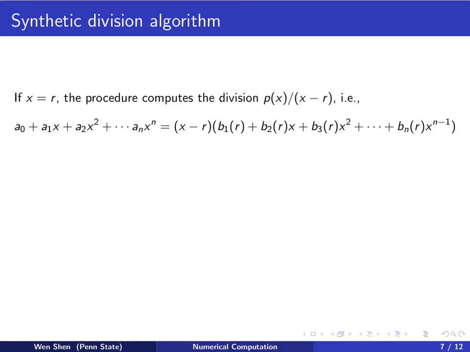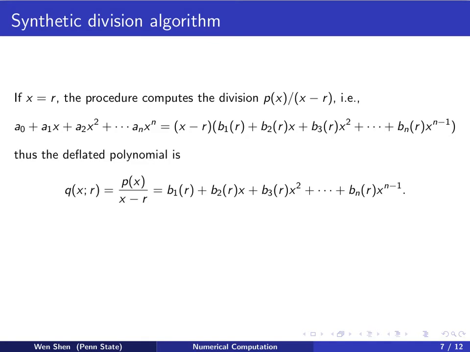Now, the reason we go through such detail of that computation is that this resembles the synthetic division algorithm, which we have learned in high school. So if x equals r, the procedure performs the division of p of x by x minus r, that is, to rewrite the polynomial p as the product of x minus r times another polynomial.